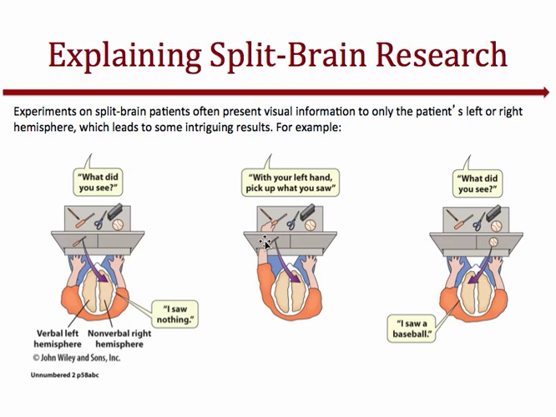So if you ask the individual to pick up the tool that they saw on the screen, they can correctly pick up the tool that they saw because the left hand is controlled by the right hemisphere. The right hemisphere is what saw the tool on the screen. Only if you show the individual the object in their right visual field, which goes to their left hemisphere, will they actually be able to verbally identify what it was that they saw.